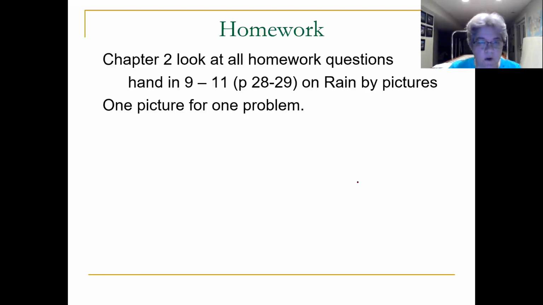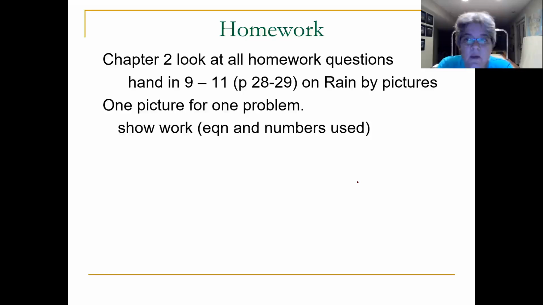So for your homework, you're going to be doing 3 problems, so 9, 10, and 11. These are all Beer's Law questions. And you're going to submit these on RAIN, as always. So remember, 1 picture for 1 problem. Don't put them all on 1 paper and take the same picture over and over. Then I can't see the details.